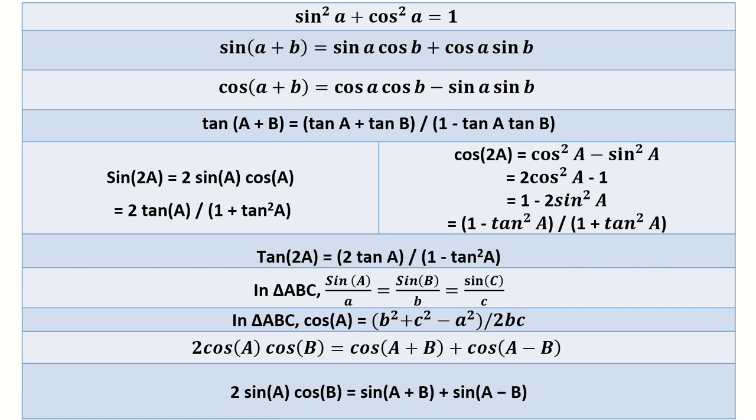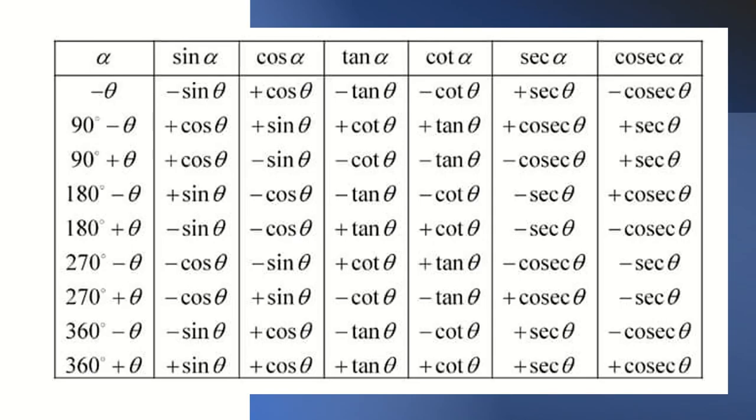And this is a very important table. You might have heard all silver teacups, the angles in four quadrants, and how sine theta, cos theta, all trigonometric ratios basically behave in each quadrant. So this is the table. You should remember these two.